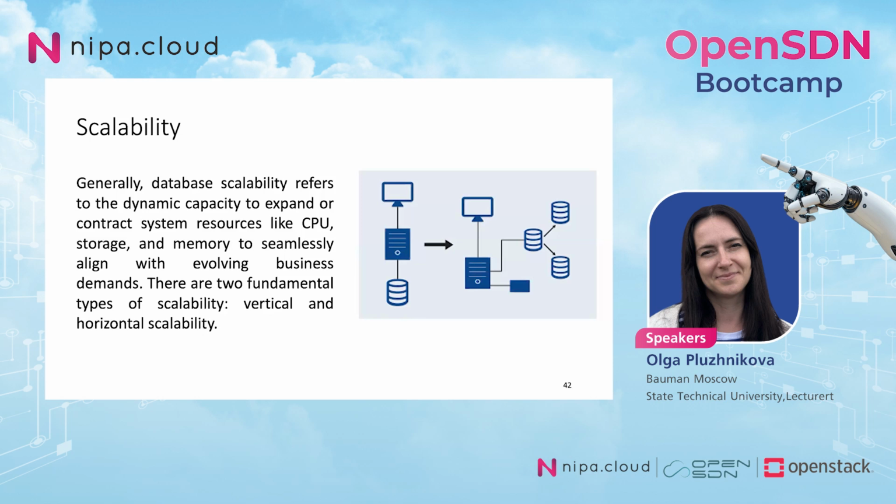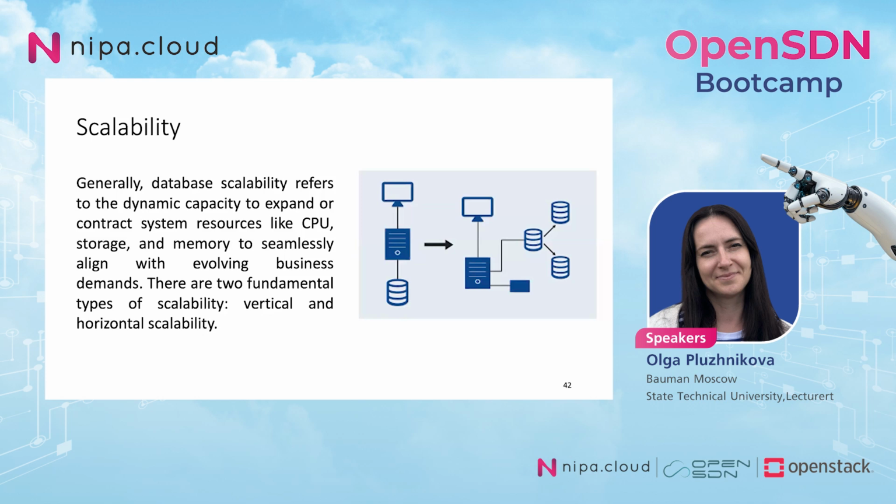And horizontal scalability involves adding additional servers to distribute workloads, which offers significant benefits. This strategy partitions large datasets and distributes them across all these nodes.